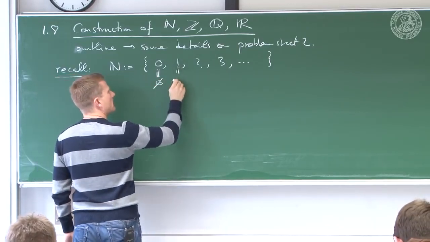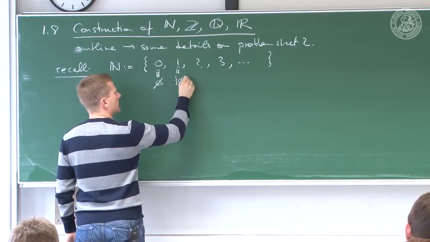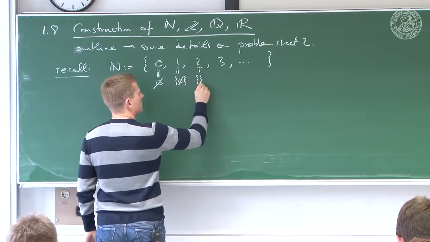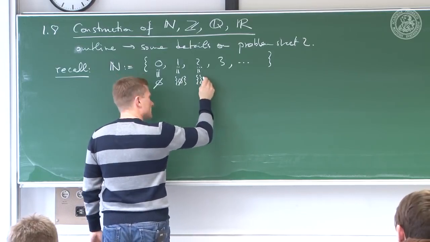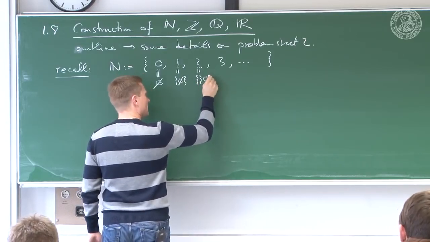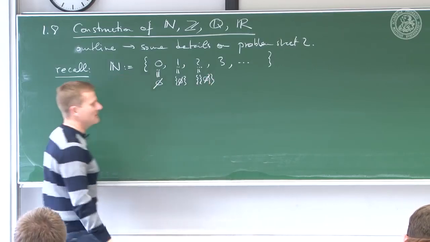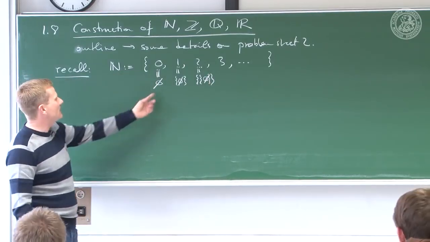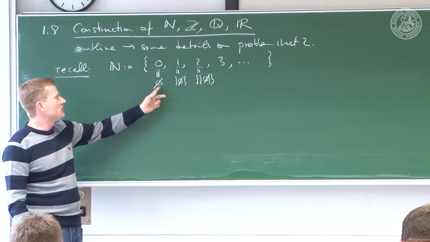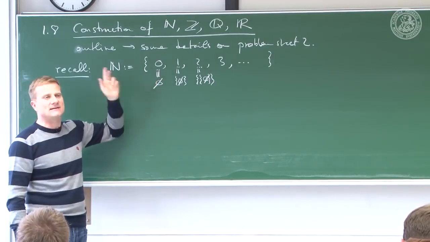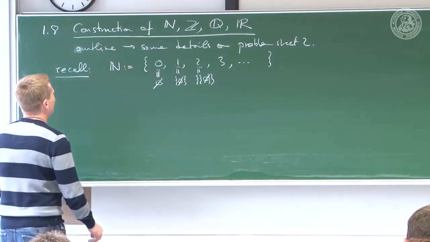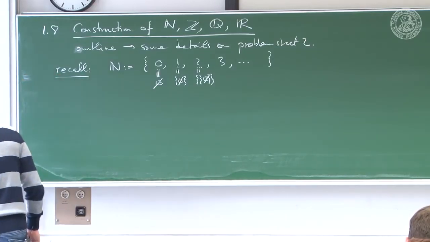The set with name 1 was the set with the element empty set. The set with name 2 was the set with the element 1, and so on, set within set, like this. And by the way, here you see that the computer science 0 is exactly the 0 of mathematics. So that's wonderful. So that's the set N.